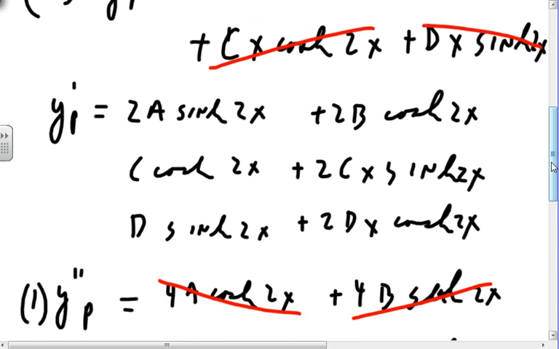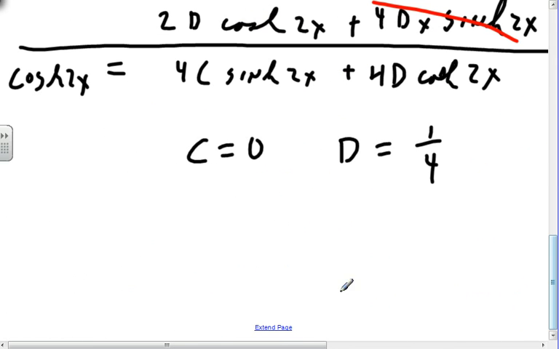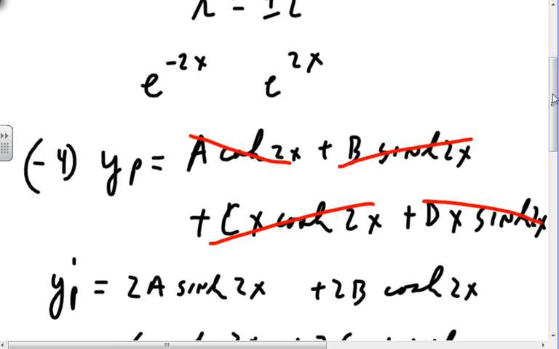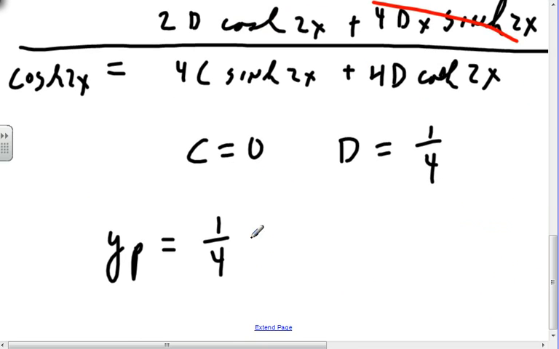I don't need them. They went away. That's what I can conclude. So my y sub p becomes 1/4 of whatever the D term was. So the D term was x hyperbolic sine 2x. Okay, thank you, author, for reminding me of that.